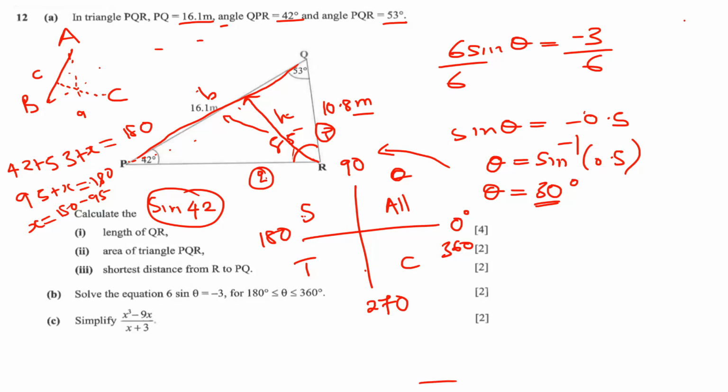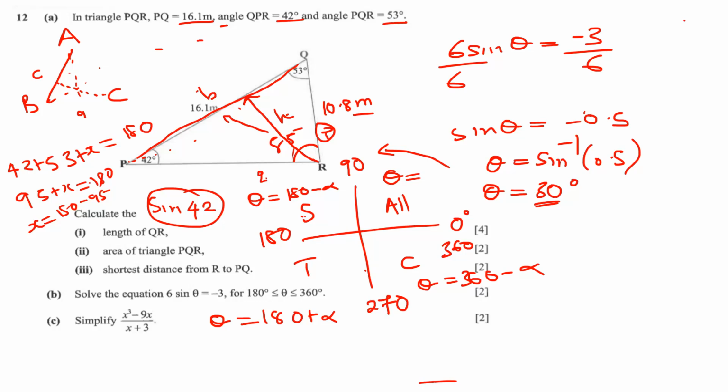But in the second quadrant, theta is equal to 180 minus the reference angle that you find. Then in the third one, theta is 180 plus the reference angle. In the fourth one, theta is equal to 360 minus the reference angle that you found.